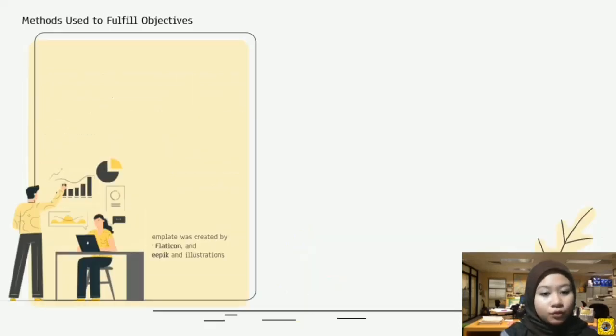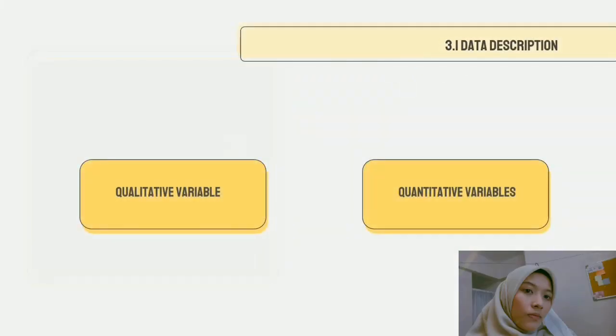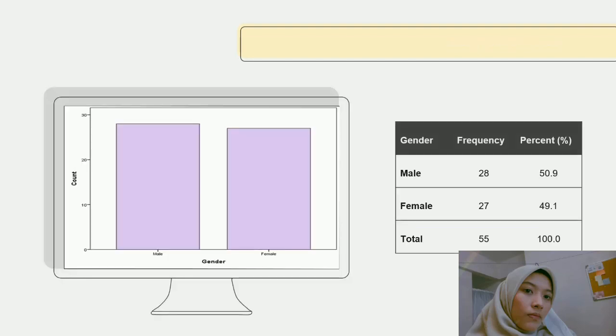The methods used to fulfill the objective of the study are tabled in Table 2.4, which are methods used to achieve objectives, from the qualitative data to quantitative data, from the graphical technique to the numerical technique. First of all, as mentioned before, there are two variables, qualitative and quantitative. For the qualitative variable, a bar chart is used to represent the data.